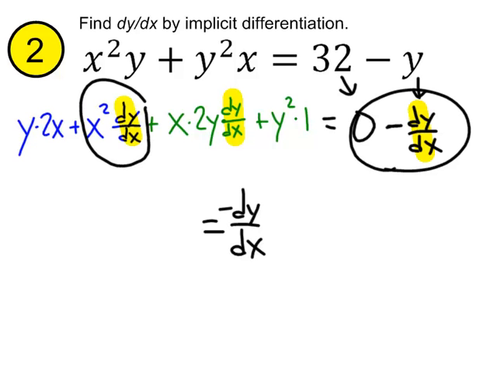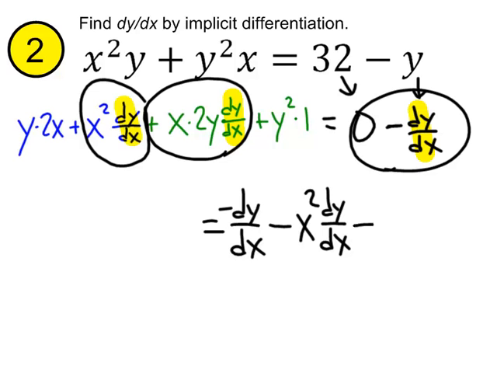That's all one term that I cannot separate at this time. So that will be subtracted over to the right side, and I'll get minus x squared dy over dx. And then I'll subtract this one over as well. Minus, and let's go ahead and combine that as 2xy times dy over dx.